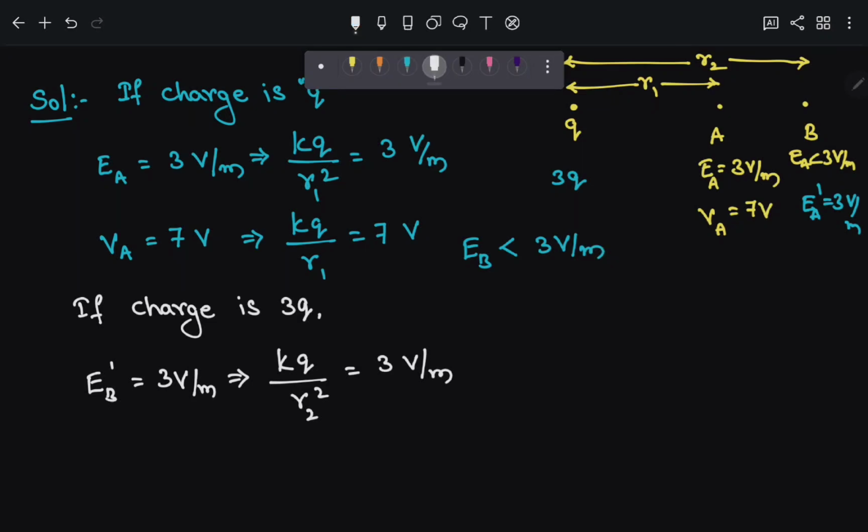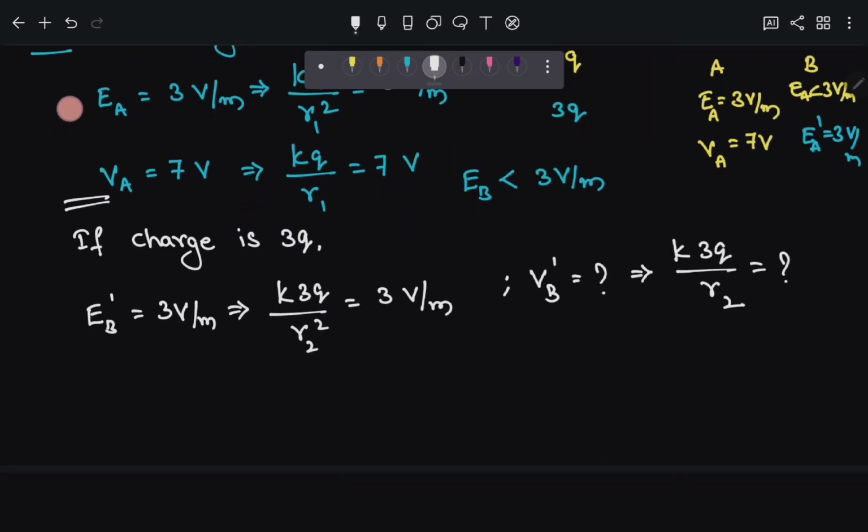Now to solve the problem, they are asking you what VB dash is. What does it mean? It is 3KQ by R2, so 3Q by R2 is equal to what? This is what they're asking you. Now from equations 1 and 2, if I find the R1 R2 relation, then I can substitute into this equation.